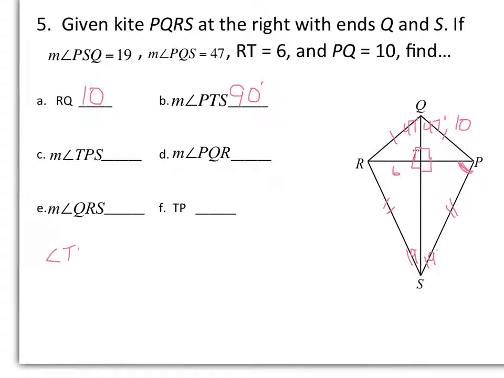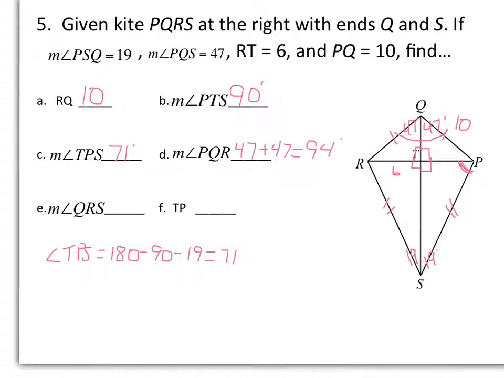So to find angle TPS, we'll take 180 minus 90 and minus 19. We get 71. So it's 71 degrees. In D, we want to find the measure of angle PQR. So that's the entire angle at Q. So 47 plus 47, or 94 degrees.